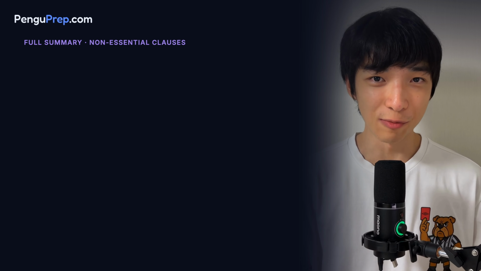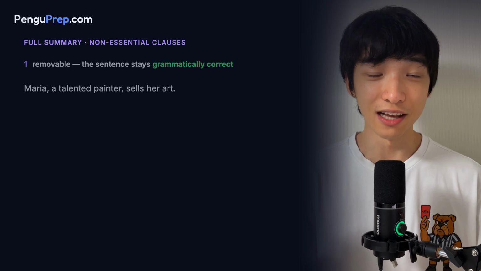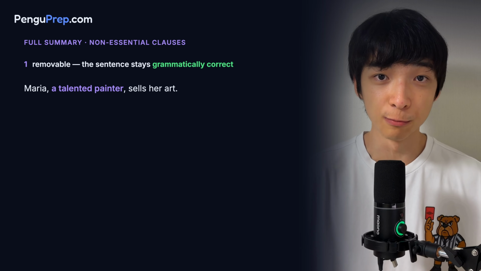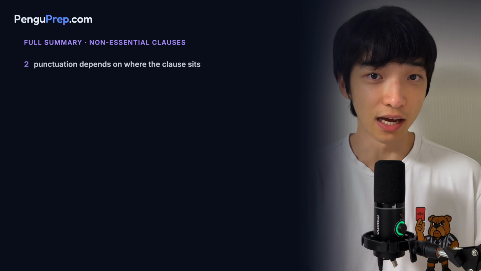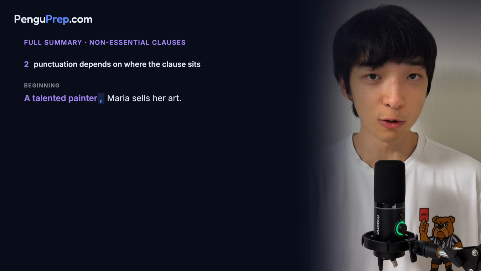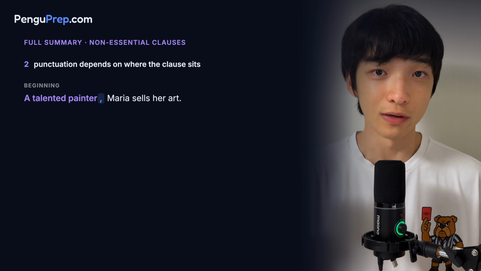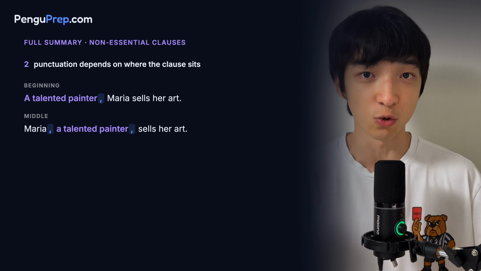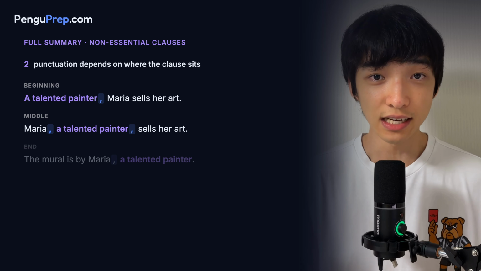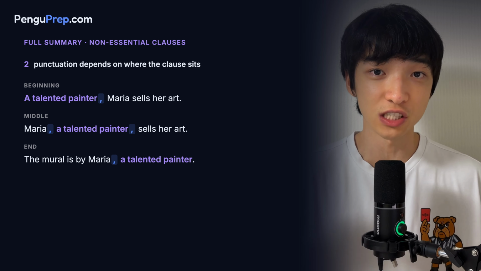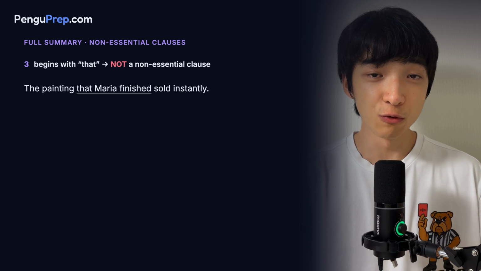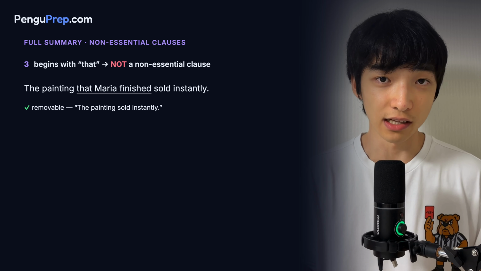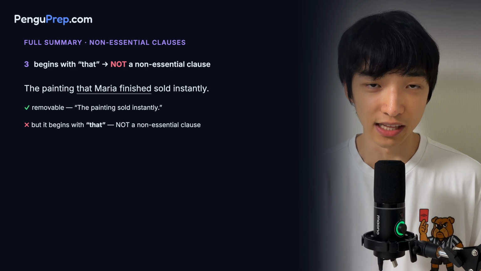Now here's a full summary on non-essential clauses. First, a non-essential clause is a group of words that you can remove from a sentence while keeping the sentence grammatically correct. Second, when a non-essential clause is placed in the beginning, follow it after with a comma or a dash. When it's in the middle, surround it with a comma, dash, or two parentheses. When it's at the end, you precede it with a comma, dash, or surround it with parentheses. Third, if the group of words begins with the word that, even if you can remove it while keeping the sentence grammatically correct, you cannot consider it a non-essential clause.